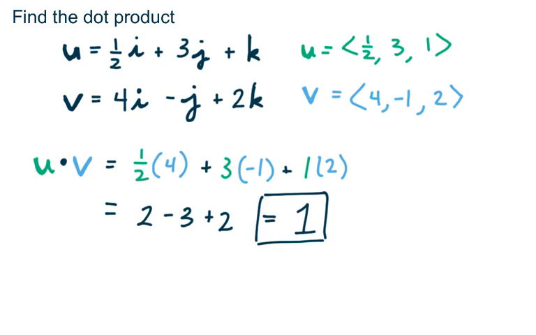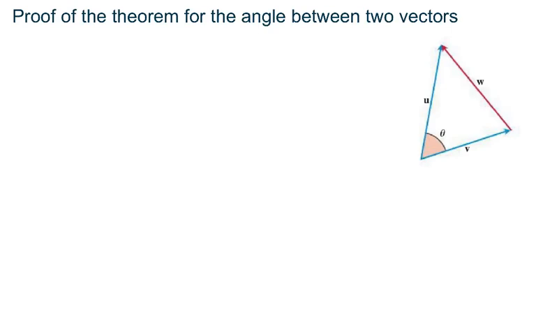Now I'm going to prove or derive theorem 1, which was the angle between two vectors. So here, we're going to use this triangle created by the sum, or actually this is the difference of two vectors, and this resultant w is equal to u minus v. So we're going to use the law of cosines.